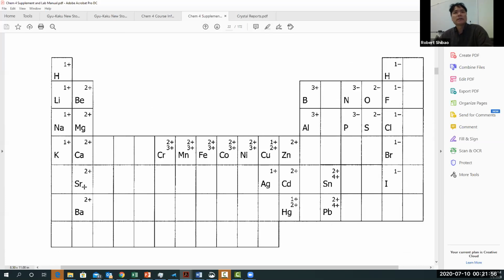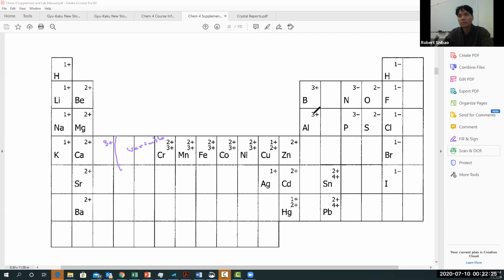Here's the monatomics, +1, +2. This is +3 right here, always +3. These are fixed. I'm gonna write that in here. This is from the supplement, by the way. These are always +3, and then it goes variable. These are variable. This is fixed.